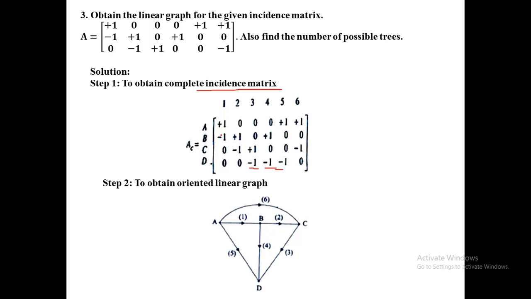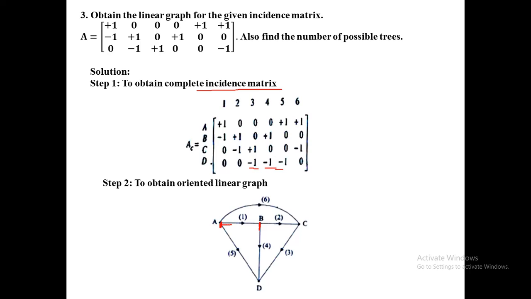The column values are +1 and -1, for nodes A and B. First we have to mark the node A and B.